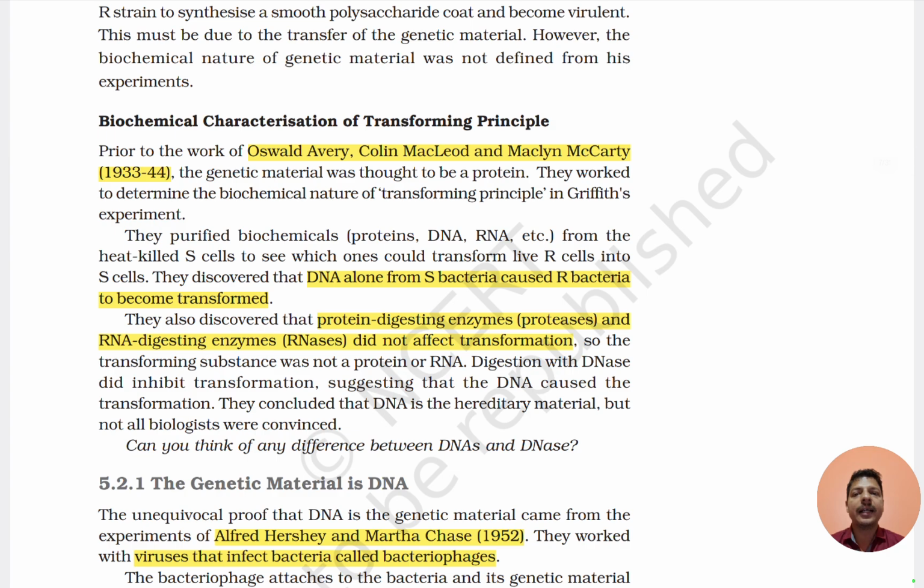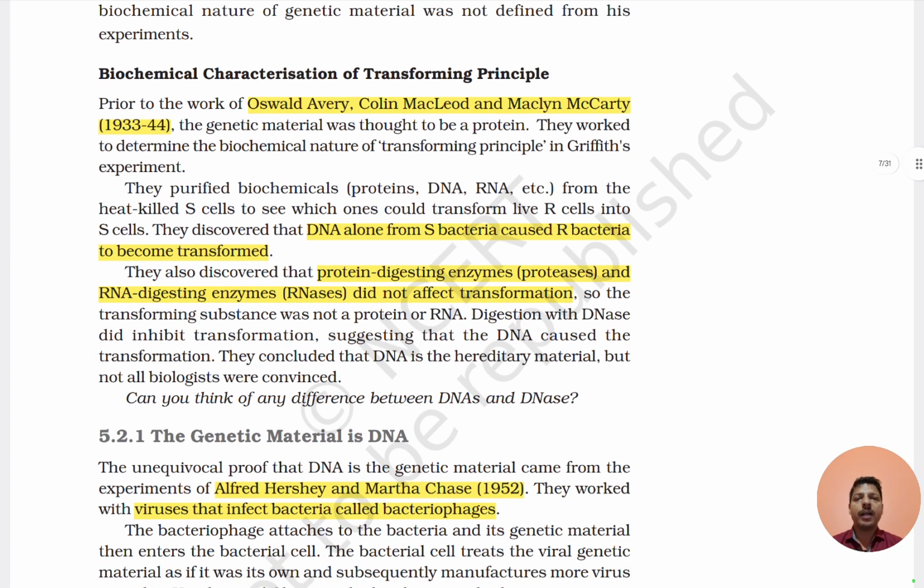Then, biochemical characterization. Here, Oswald Avery, Colin MacLeod and Maclyn McCarty, 1933 to 44, worked to determine the biochemical nature of the transforming principle in Griffith's experiment. They purified biochemicals, all the proteins, DNA and RNA, from the heat-killed S cells to see which one could transform live R cells into S cells.